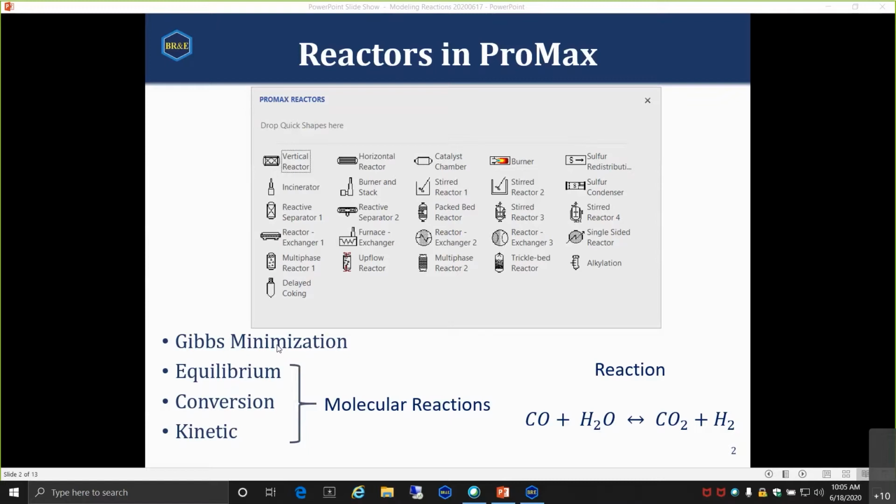And ProMax goes through and says, okay, what happens if I adjust the compositions of these species, and can I find a place where the Gibbs energy of the system is then reduced or minimized? And as it goes through, it will then give you effectively what the equilibrium position is at a given temperature and pressure, but it does not care about reaction pathways.